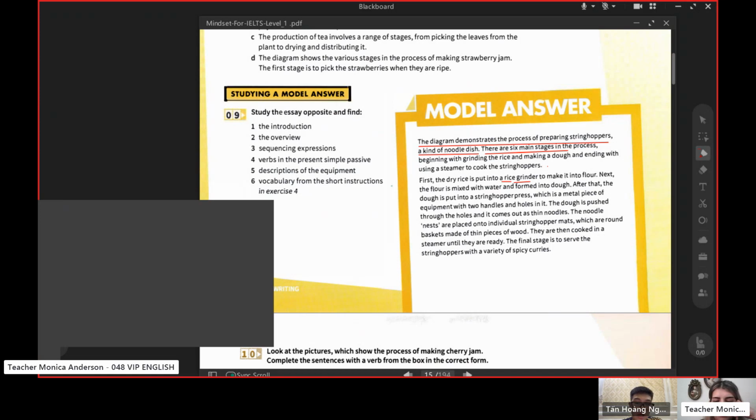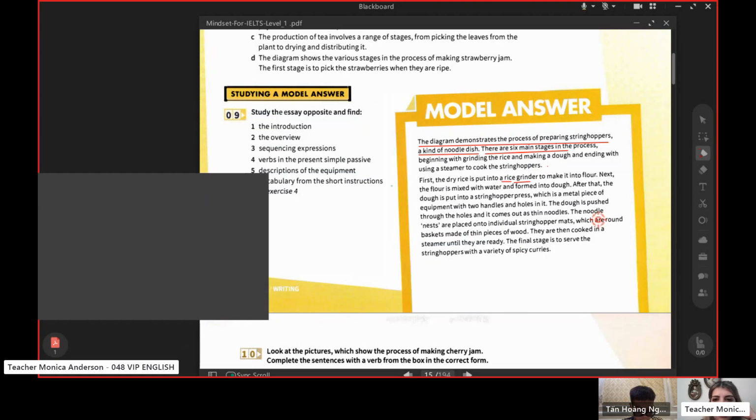Dough, yeah, excellent. And string hopper, yeah, of course, very good.